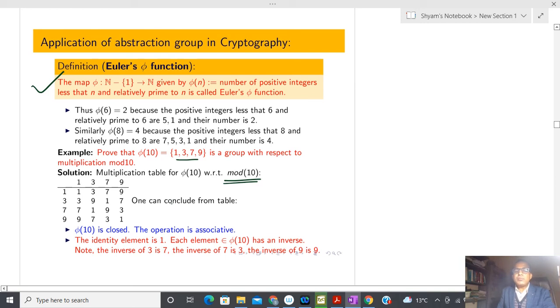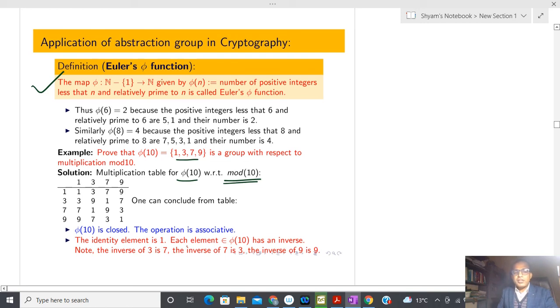It is possible to show that this multiplication table is closed. Closed means you can take any elements and apply this binary operation, and with respect to this binary operation we have the closure property, and after that identity, inverse and everything is there.